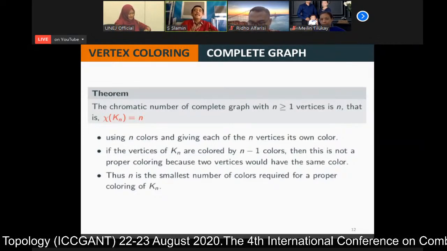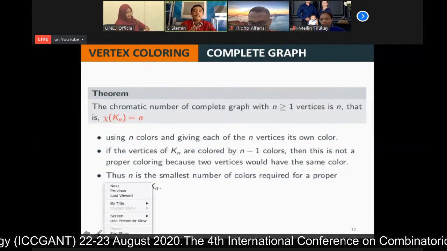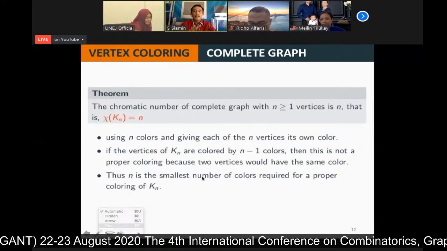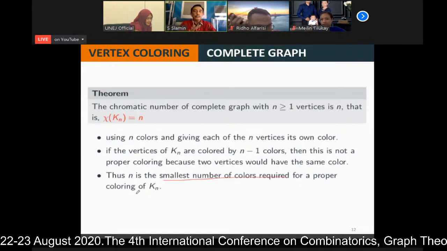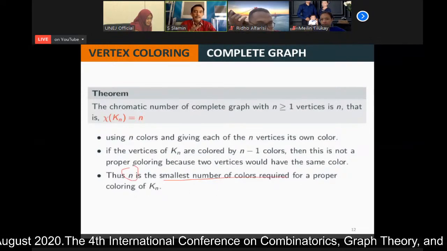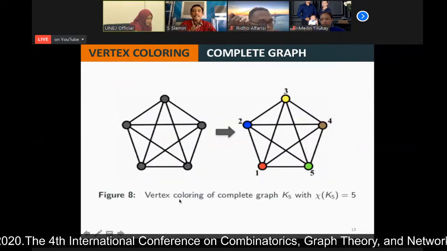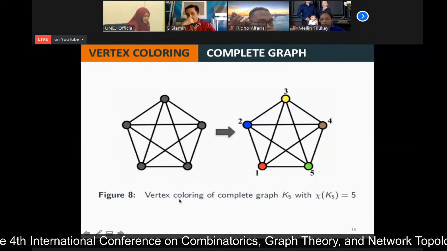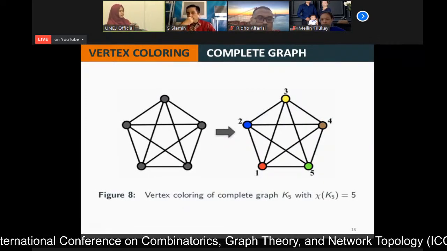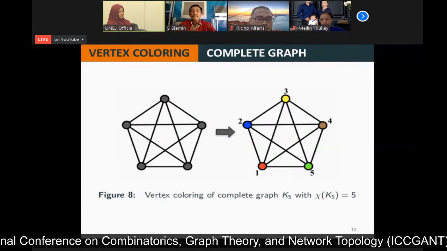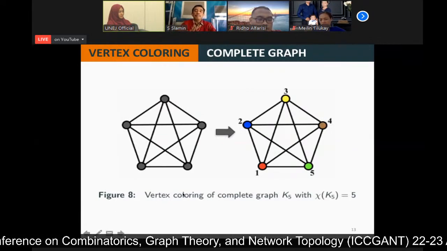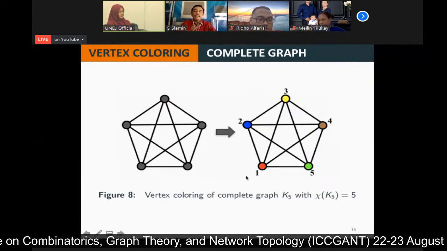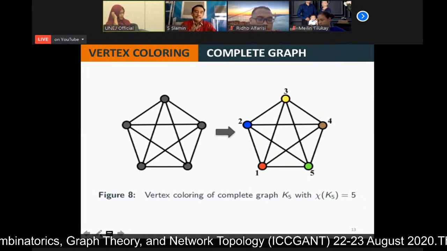So that's why the smallest number of colors has to be n. Okay. The second one, this is an example of a complete graph. We can see this complete graph on 5 vertices has 5 colors.